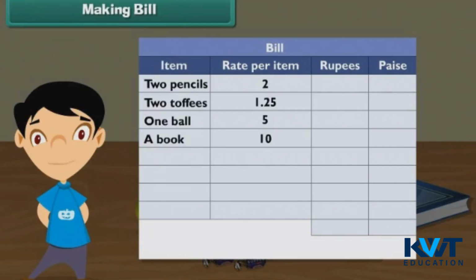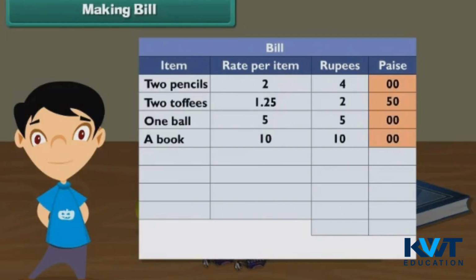2 pencils cost 4 rupees, so write 4 in the rupees column and 00 in the paise column. 2 toffees cost 2 rupees 50 paise, so write 2 in the rupee column and 50 in the paise column. 1 ball costs 5 rupees, so write 5 in the rupees column and 00 in the paise column. 1 book costs 10 rupees, so write 10 in the rupees column and 00 in the paise column.